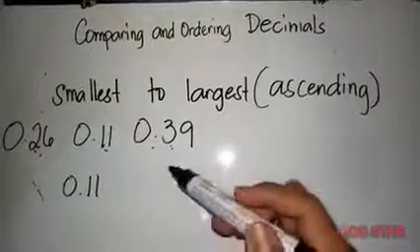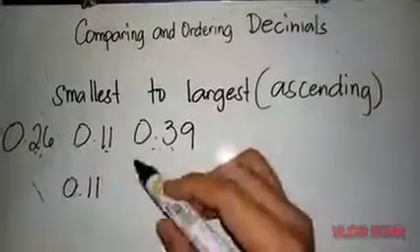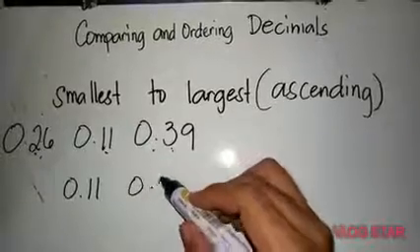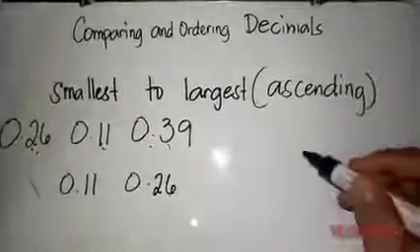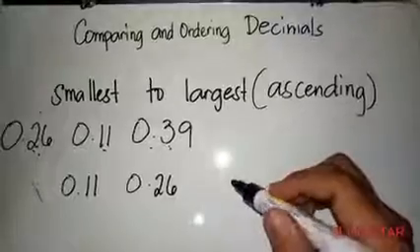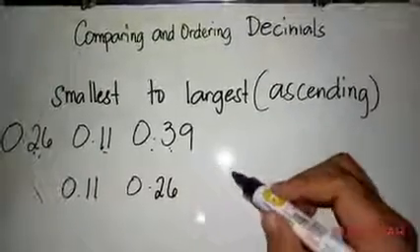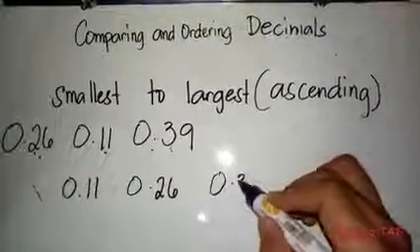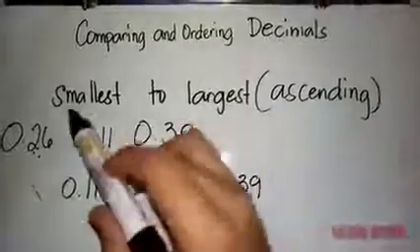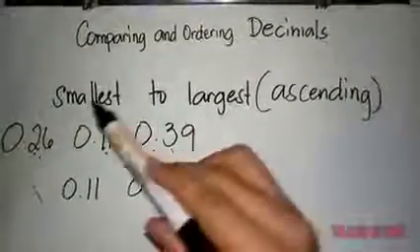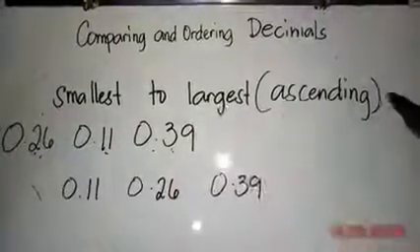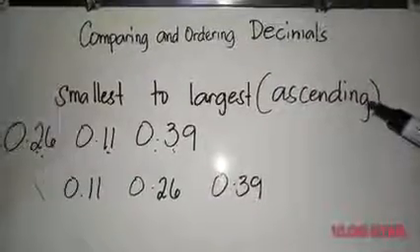So the next would be 0.26. And the remaining one is the last in the list, which is 0.39. So this is what we call smallest to largest or ascending order.